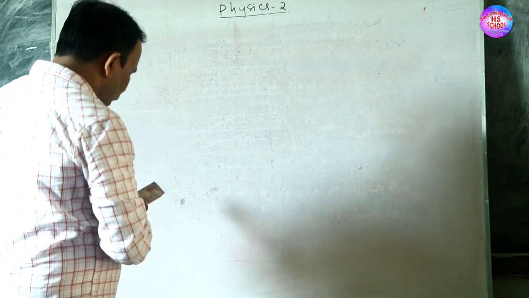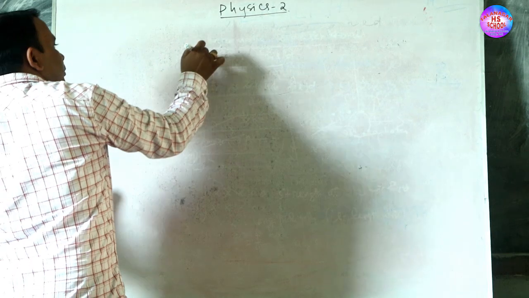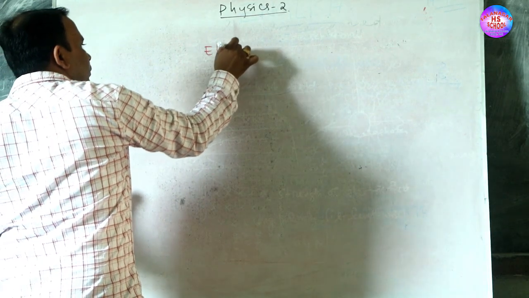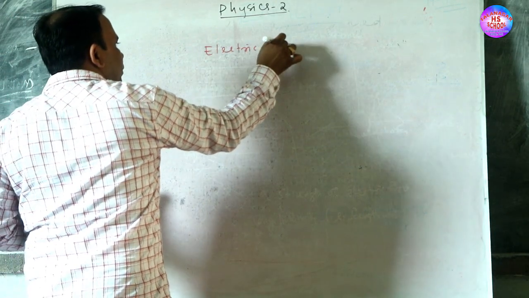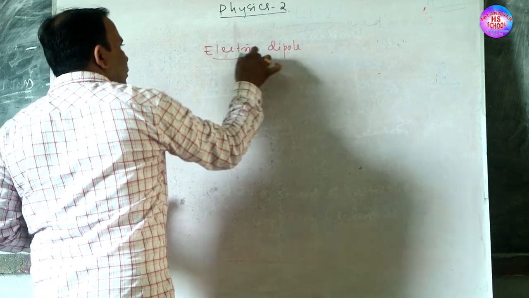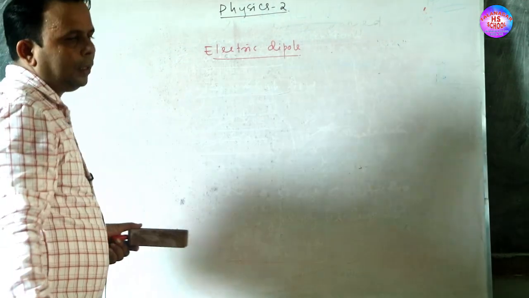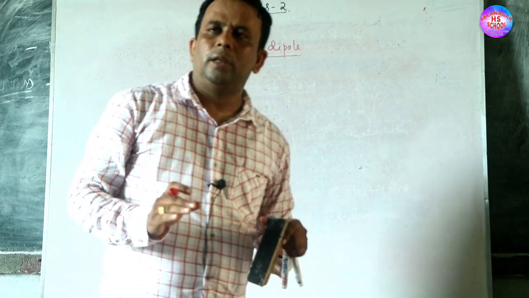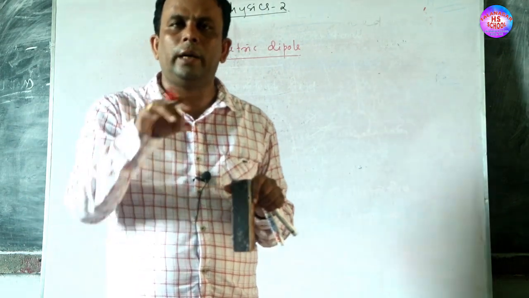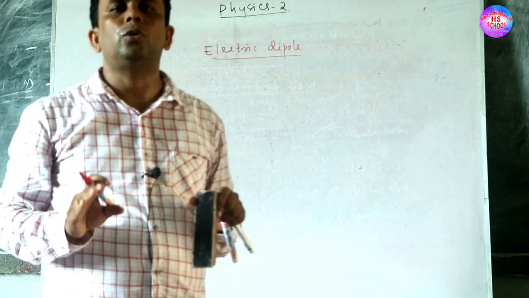Now, electric dipole. What is an electric dipole? A dipole consists of two equal and opposite charges separated by a very small distance.